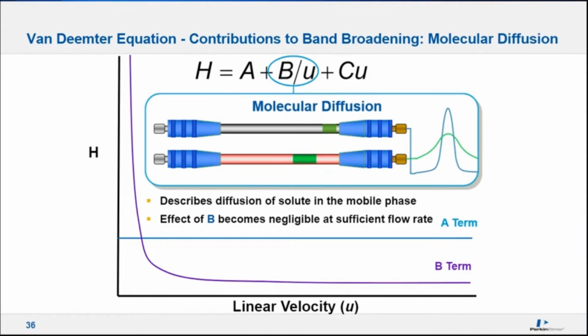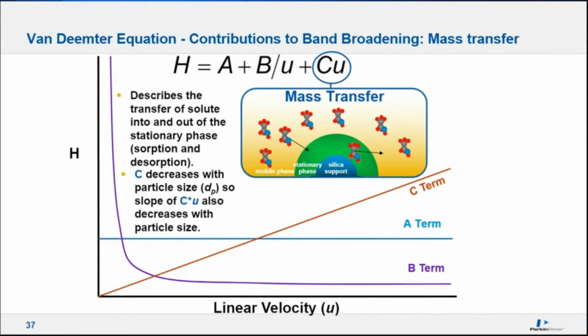If we look at the B term, that's the molecular diffusion, or diffusion within the mobile phase of the solute. This term is not affected by particle size and usually becomes negligible at a significantly high flow rate. The mass transfer term, however, is affected by particle size, and again, C decreases with decreasing particle size.